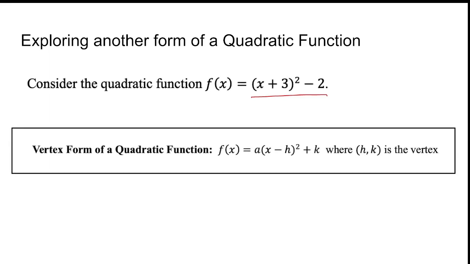So this is our vertex form. Notice that on the particular function we have, there is no value in front of the parentheses. That actually would be a 1. Okay, so that's the a value. It could be 2 or 3, and if you remember from transformations, this number in front causes a vertical stretch or vertical compression, because it's on the outside of the function.